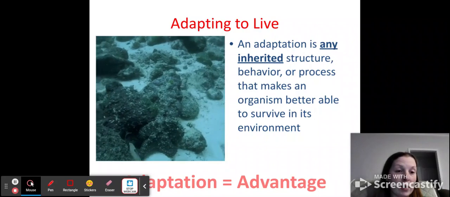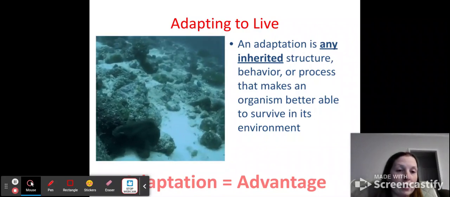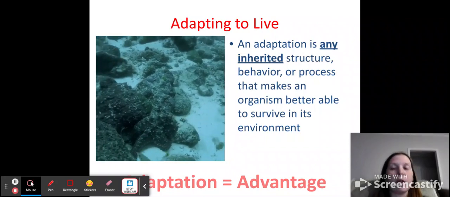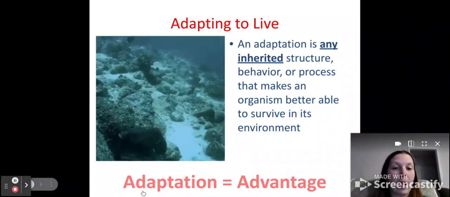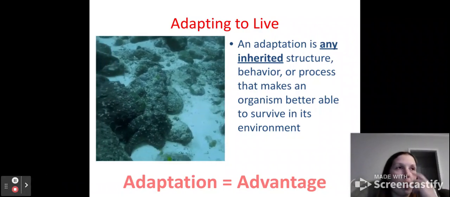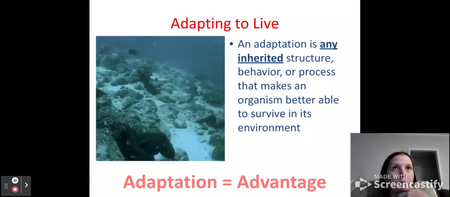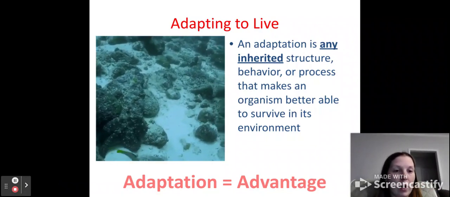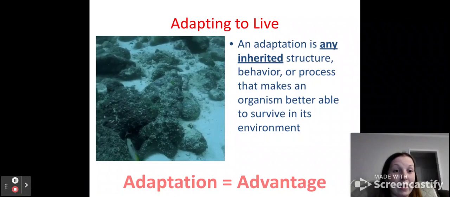That actually allows it to be able to feed easier because fish will swim by not even realizing that it's there and then it can eat. So that's why this phrase at the bottom is really important. Adaptation equals advantage, because it is a helpful response, I guess, that animals can use to sustain life.